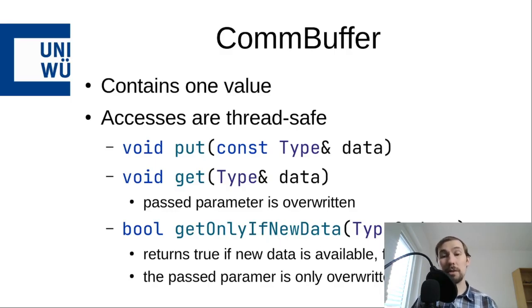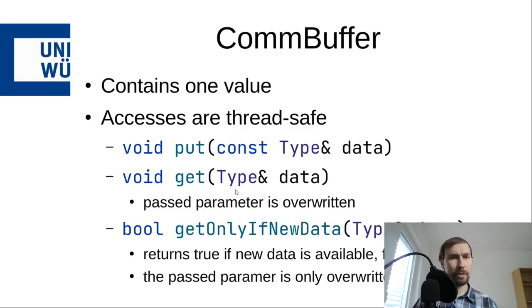That means that the variable that you pass to the call of the method is only overridden if there is new data. And if new data was available and the value has been overridden, then this method returns true. Otherwise, it returns false and the variable will not be touched.